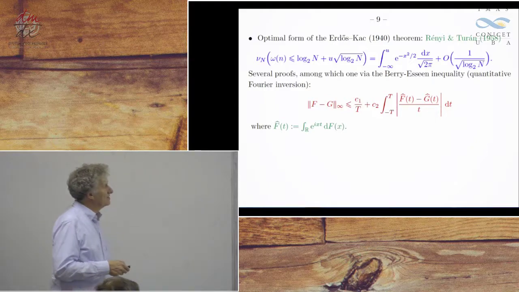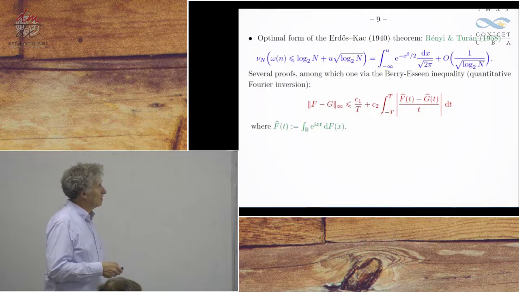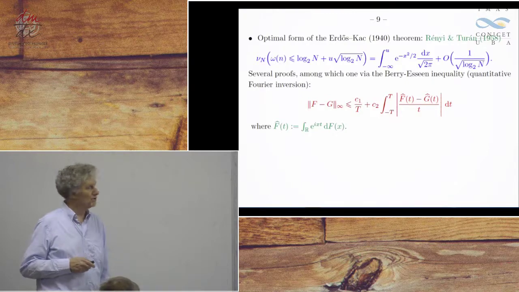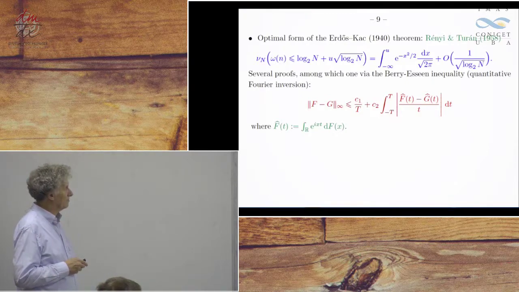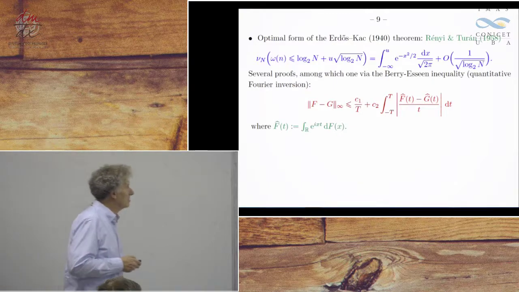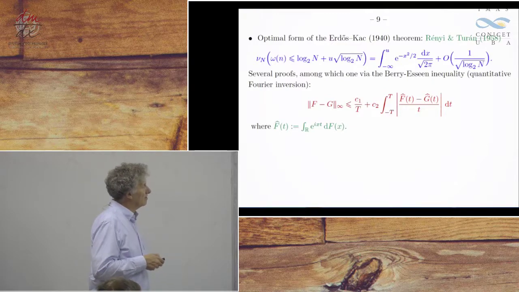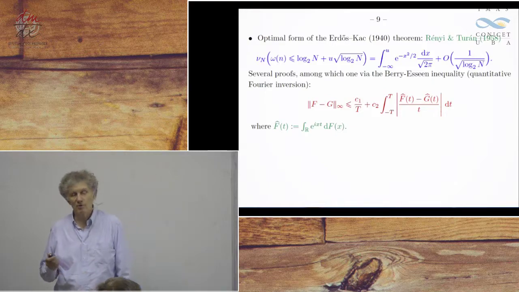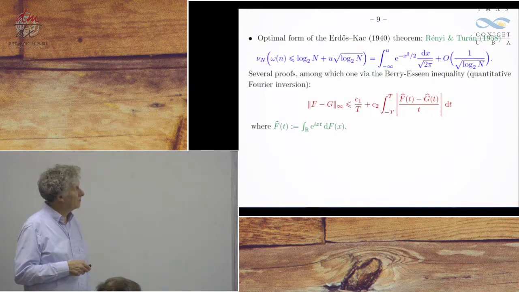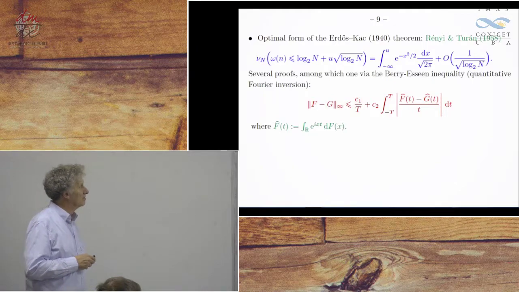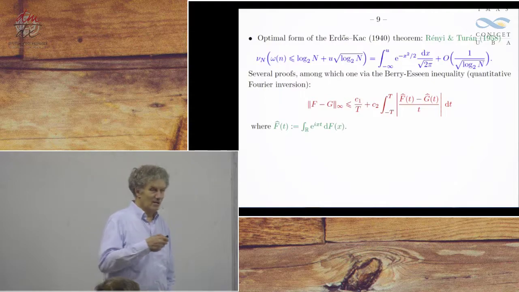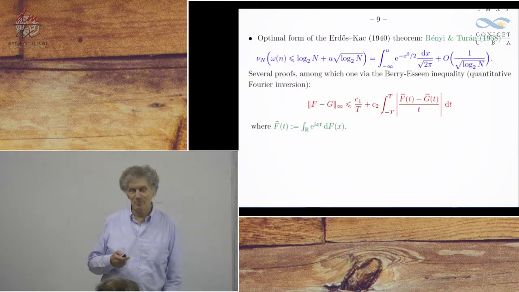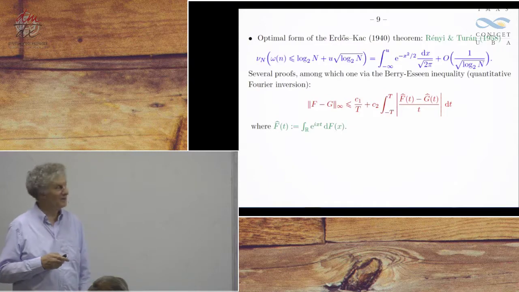Then you have this bound where the f hat and g hat are the characteristic functions. So if G is the Gaussian, for instance, of course this holds, and you can use this Berry-Esseen inequality to have a rather simple proof of the Rényi and Turán result. By the way, the Berry-Esseen inequality dates from 1940, so the result could have been proved much earlier if they had used this.